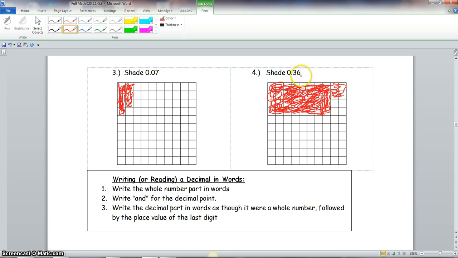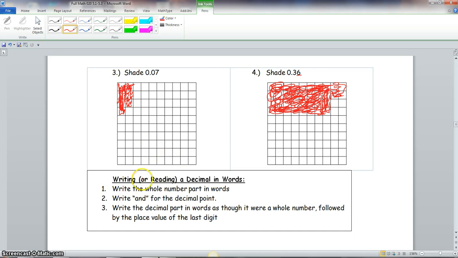In this case, this 6 is in the hundredths place. Whatever the last place of the decimal value, that is how you end the wording of that number. This is 36, but this 6 is in the hundredths place, so it'll be 36 hundredths. So we have 100 boxes here, and we find 36 of the 100 boxes and shade them in. So that would be your 36 hundredths.